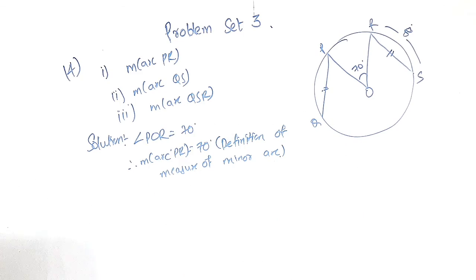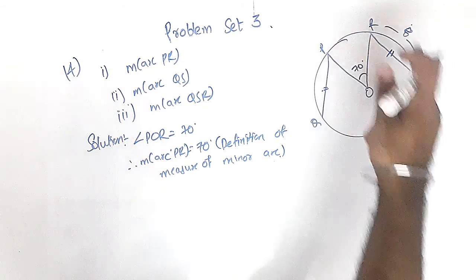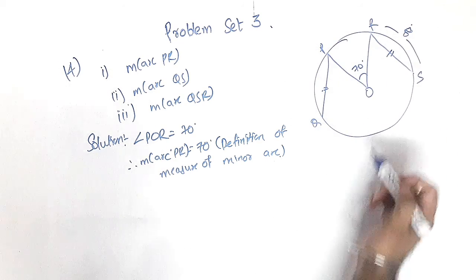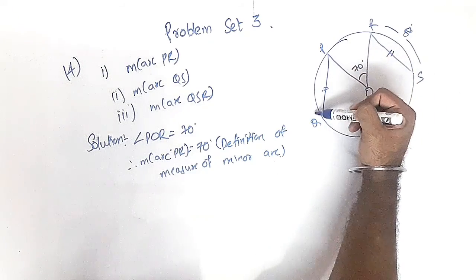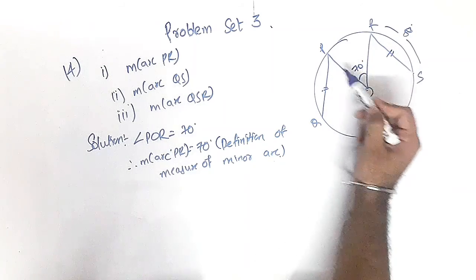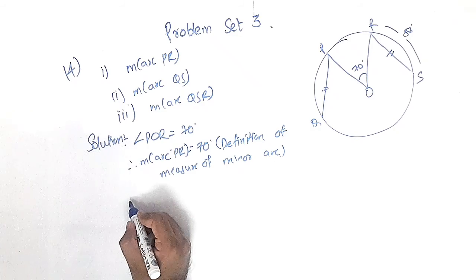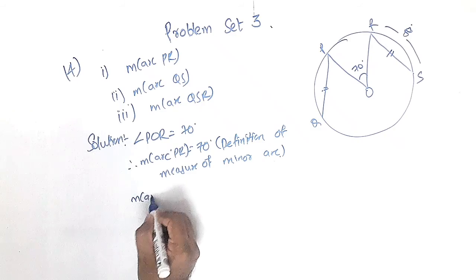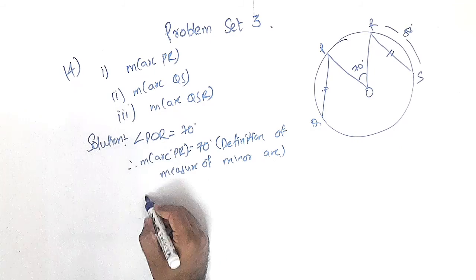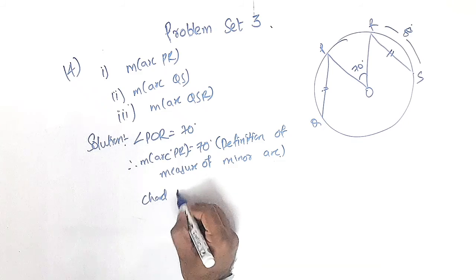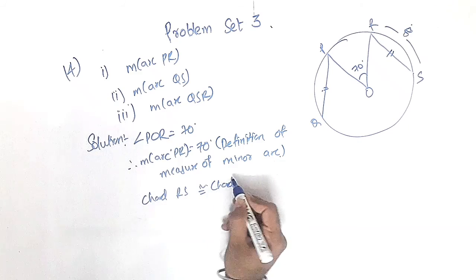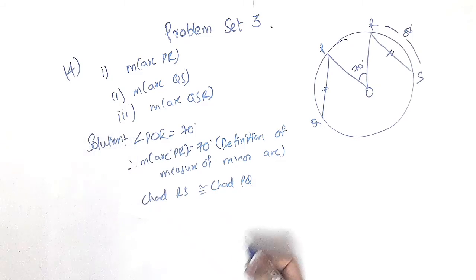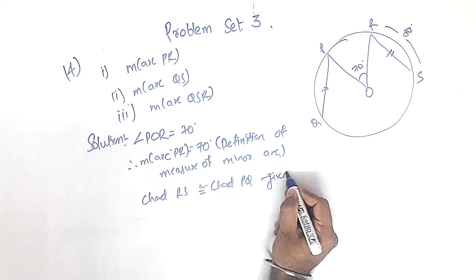It is very simple. Measure arc QS is nothing but the sum of these three arcs, this plus this plus this. Now you can see these two chords are congruent, so I'll write chord RS is congruent to chord PQ. This is given.